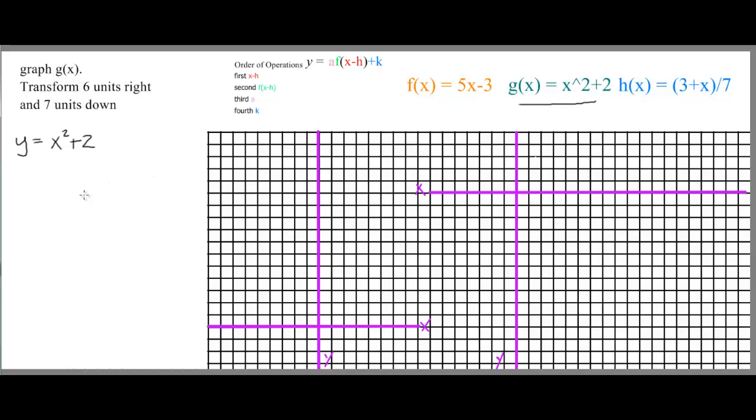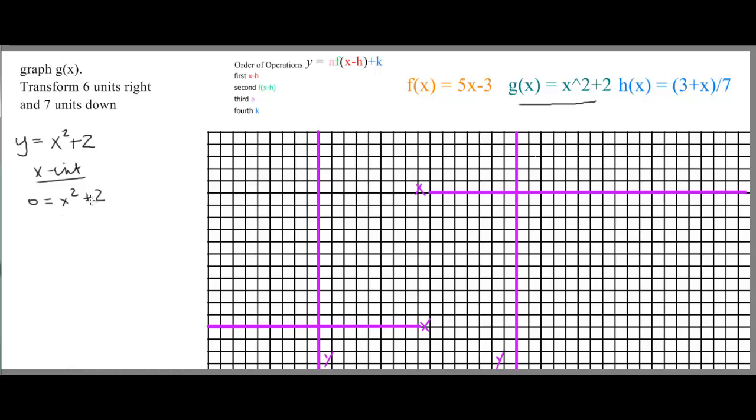At this point, we have a quadratic equation, and since we have to graph g of x, we want to find some key points. So let's do the x-intercept first. I always start with the x-intercept, though it doesn't really matter what you start with. To find the x-intercept, we replace y with 0 and then isolate x.